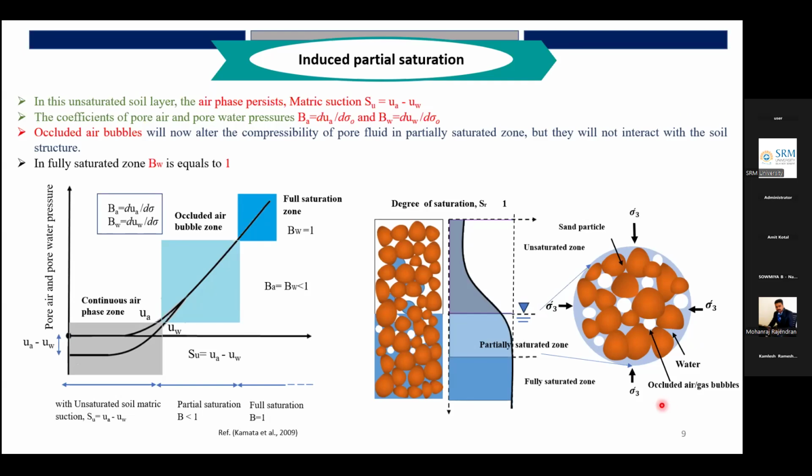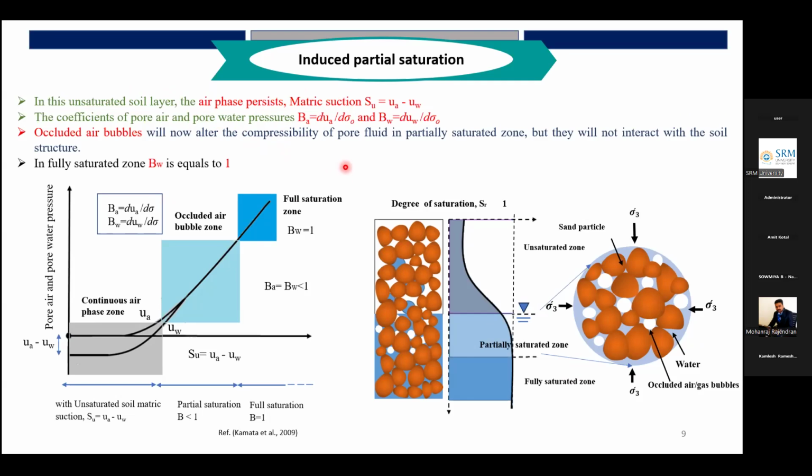In unsaturated soil, the air phase persists the matric suction. You are all very much aware of this. This is the mechanism we are expecting in unsaturated soil. The soil will develop a matric suction, and because of the matric suction, the soil will have a capacity enhancement.